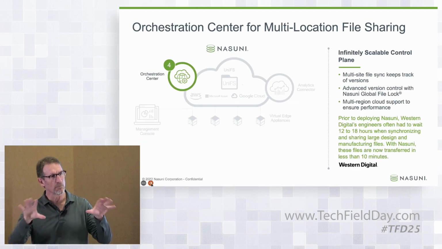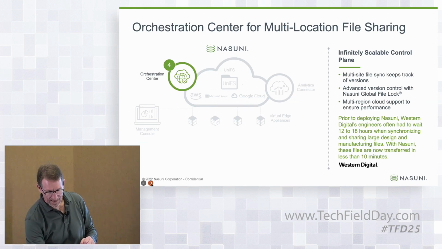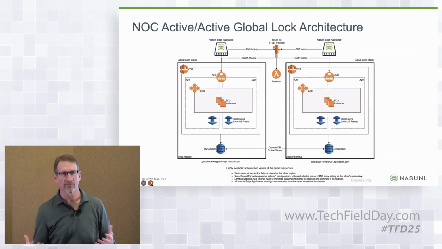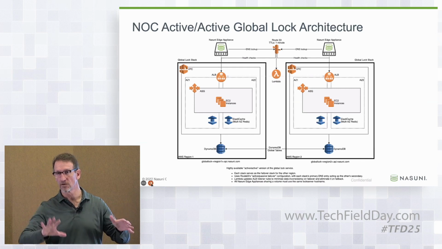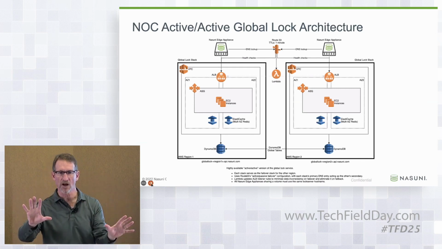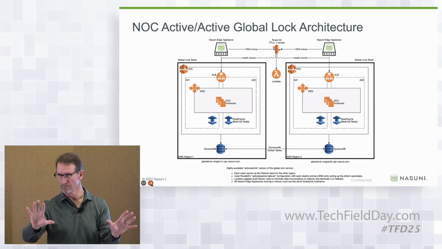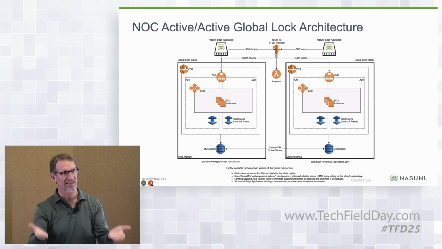It exists in multiple AWS regions around the world, and it exists in a high availability environment. So 2 regions are paired together so that if there is a problem in one AWS region, all of the activity and all the processing fails over to the other AWS region that it is paired to. It also has elasticity built in.